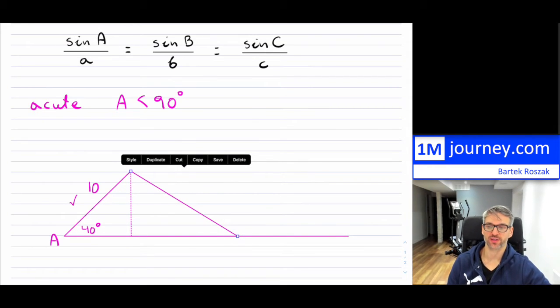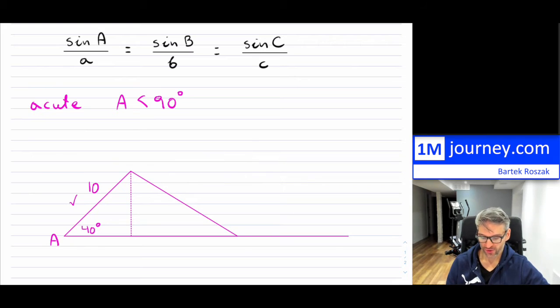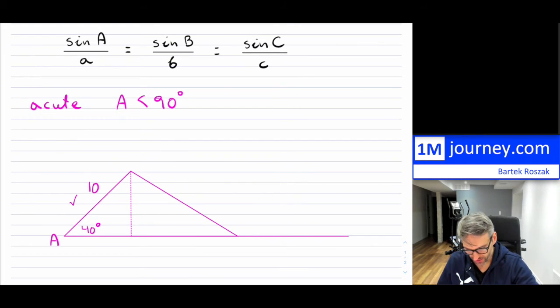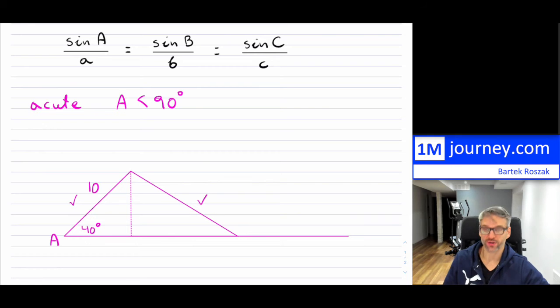Now I have constructed a triangle. In those cases, when this particular side is longer than 10, you have a very unique triangle. No problem, great. That means we can go ahead and work with this triangle and use the sine law to find everything that we need. So far it's not very ambiguous. You can have a triangle or you cannot have a triangle.